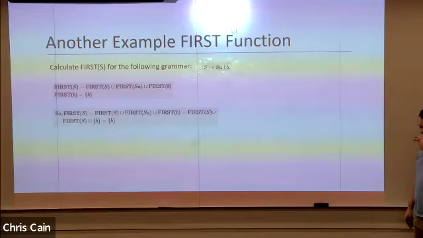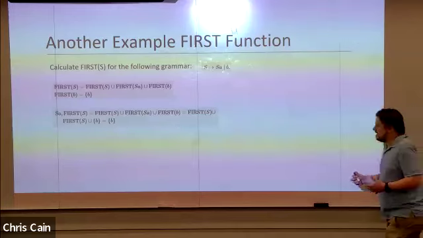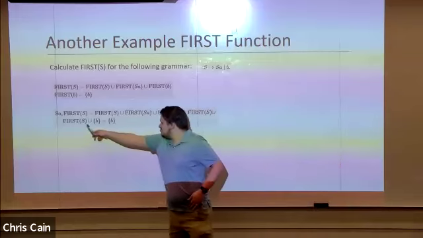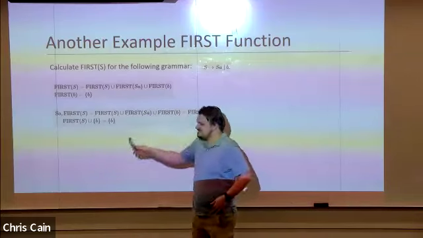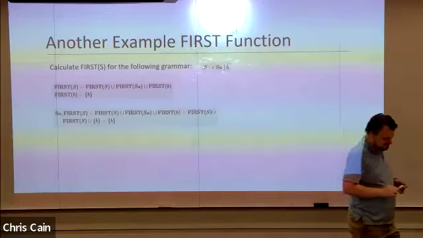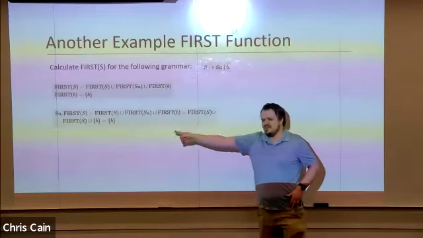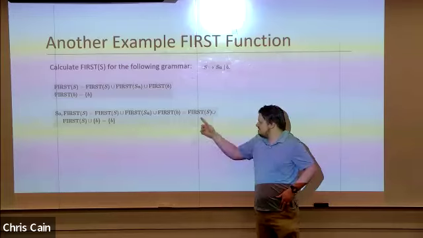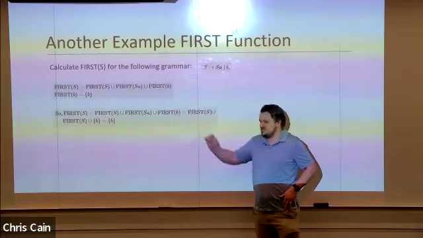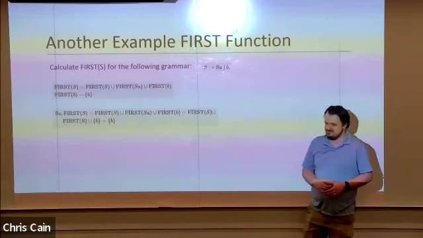Yeah, if you end up doing it with itself, first of S defined in terms of first of S, we can start to ignore that, because there's no way for this to be anything other than everything else that it's defined as. So we just get first of S, union first of S, union B. We ignore the first of S there, because there's no way for it to be anything other than that. So we just get the set B.